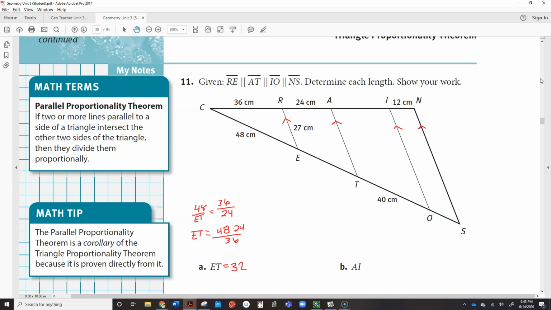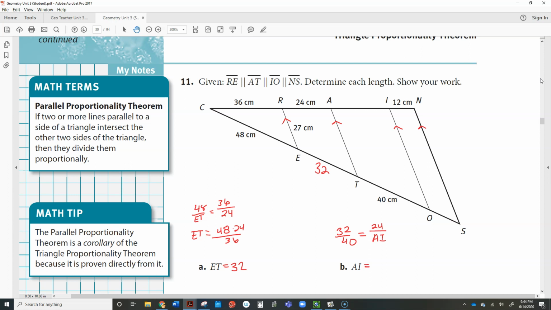Now they want me to find AI. If I'm going to find AI, ET just came out to be 32, so I can only have one missing piece. I need to know three numbers and have one missing piece. So I'm going to use these pieces right here: 32 over 40. 32 and 40 are from that transversal, and that's equal to 24 corresponds with 32, and AI corresponds with 40.